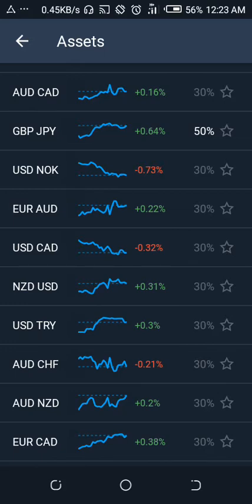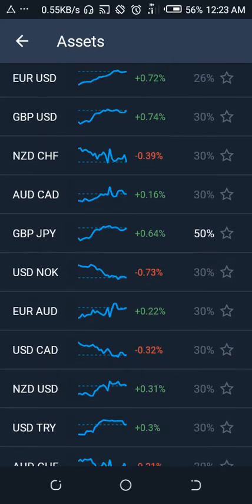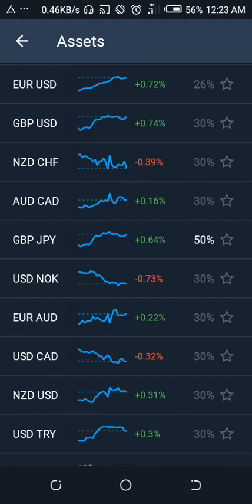The market just opened about 23 minutes ago. As you can see, the highest return here is 50%, which is GBP JPY. But in forex trading or binary trading, we have major pair currencies.